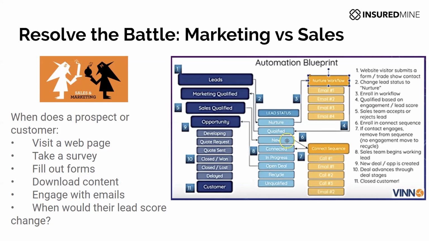So when would these potential clients' lead scores change? Well, you can also set that up in most CRMs these days to change as they move through the sales pipeline. So the prospect doesn't exist yet in the CRM until they engage with your content. But when they do engage, instead of traditional lead scoring, I like to go ahead and add them to the sales pipeline as a lead and give them a low percentage of probability of completing a deal.